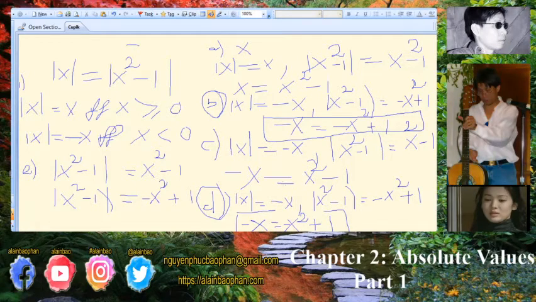So we have 3 different equations. We have x equal x squared minus 1, this case right here. And then the second case, minus x equal minus x squared plus 1. The third one, minus x equal x squared minus 1.